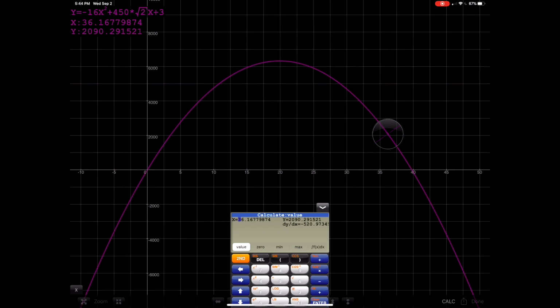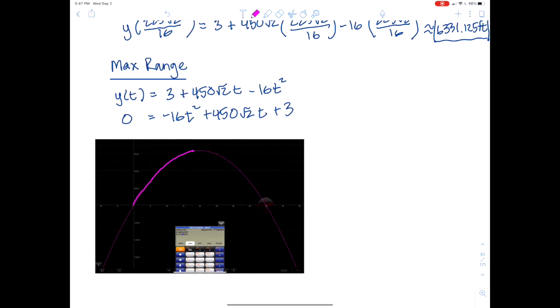We want to find the zeros, right? Okay, so it looks like our zero occurs at approximately 39.779 seconds. And this is the graph for just y, not the whole thing, because it's just y at t.